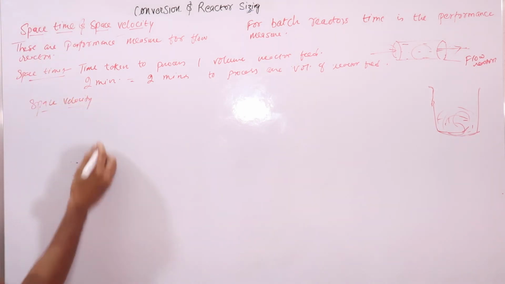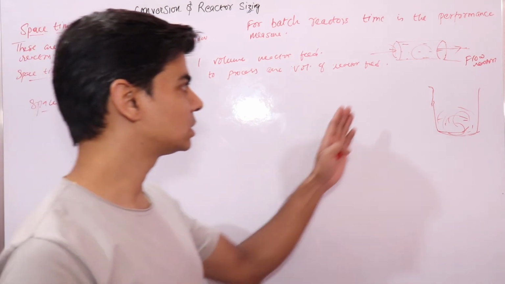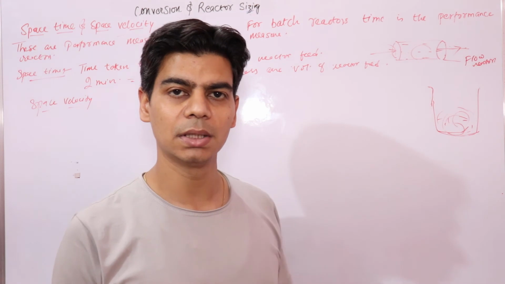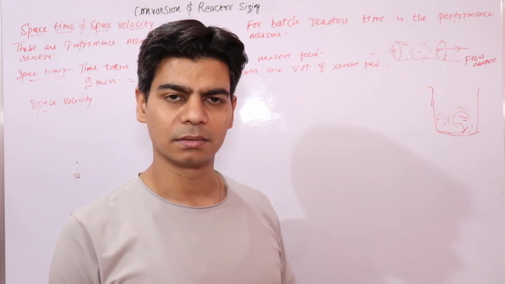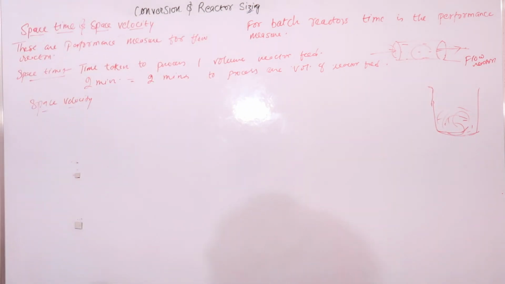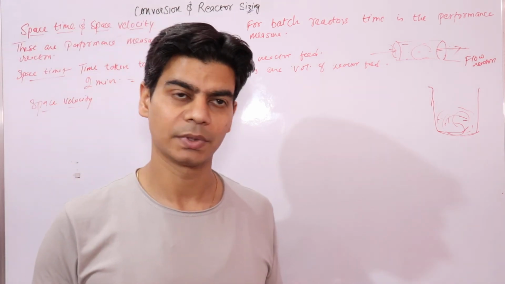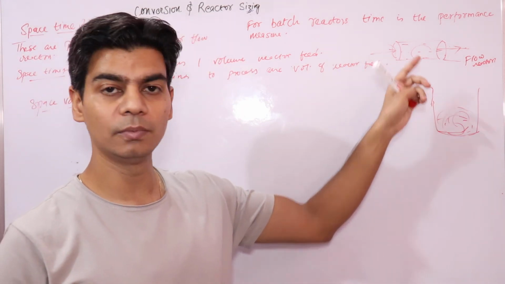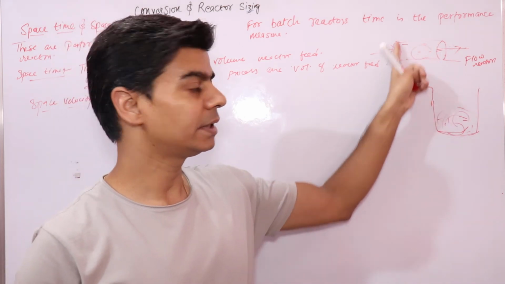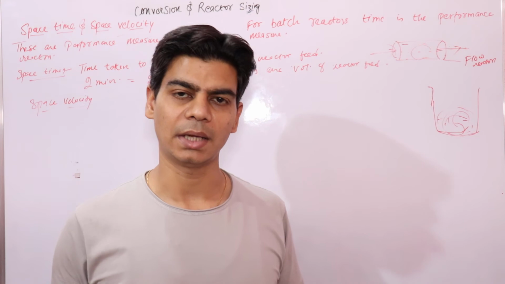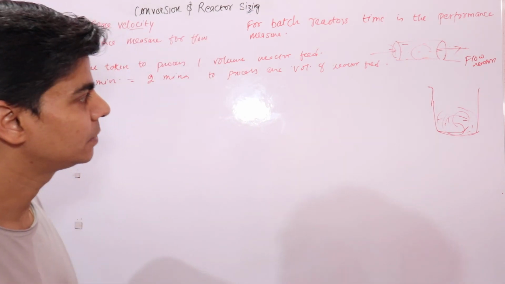Now second is your space velocity. Space velocity is how fast these reactants are moving in the reactor, kind of, right? So space velocity is the number of reactor volume feeds that this reactor can process in unit time, say in 1 hour. That is your space velocity, right?